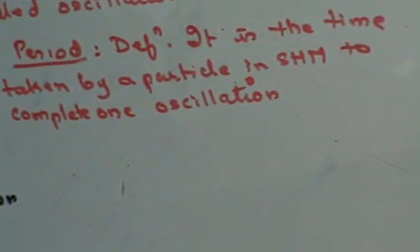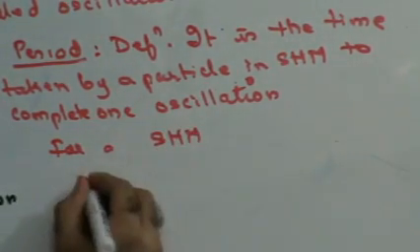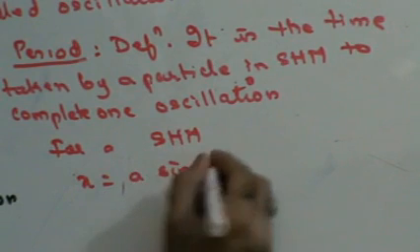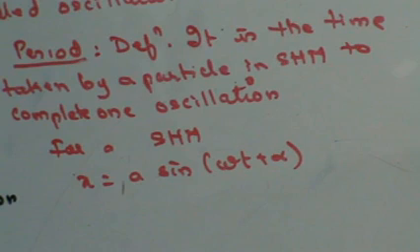Now I can say that for an SHM, displacement is equal to A sine(omega t plus alpha). That is the expression for displacement of a particle performing SHM.